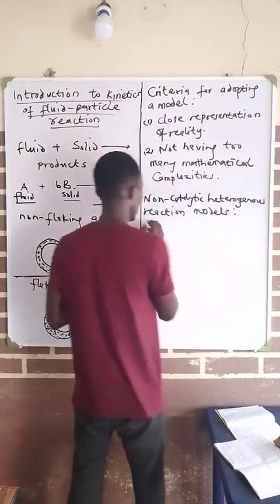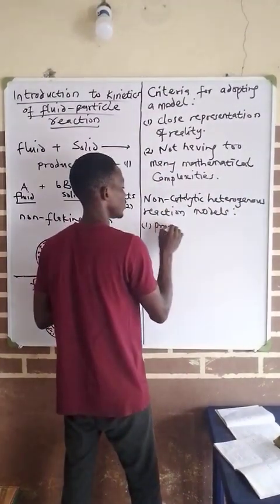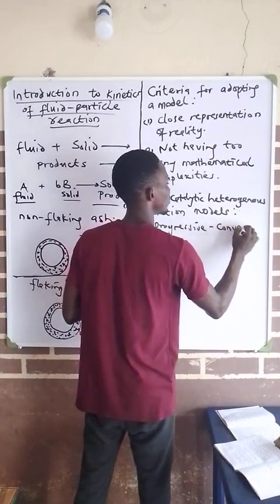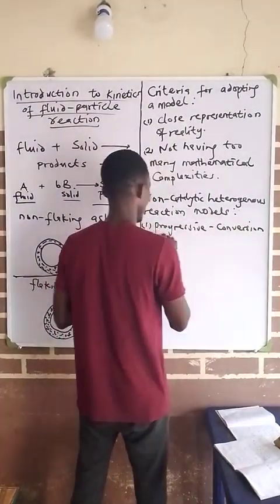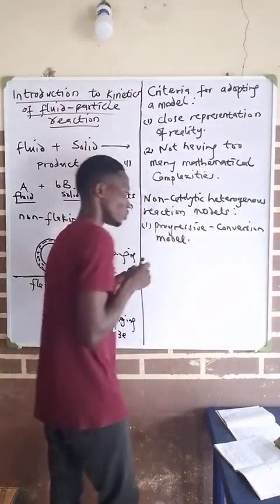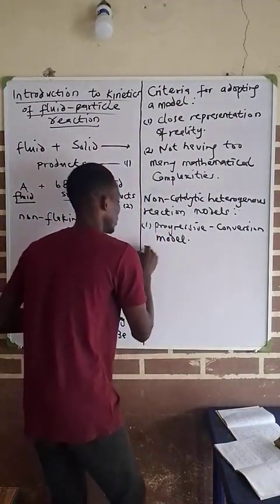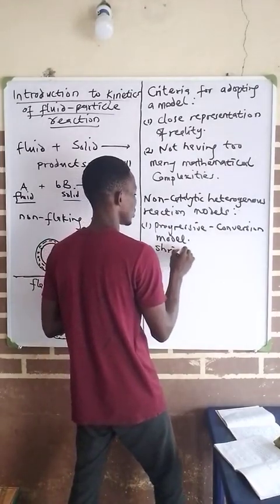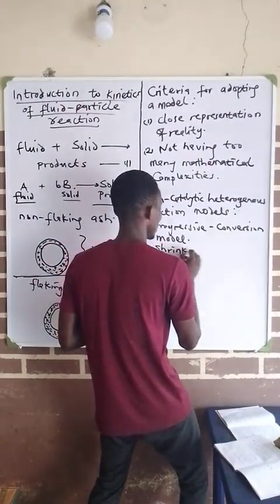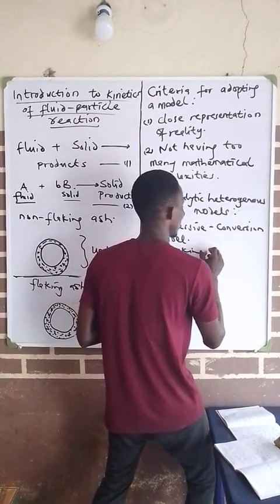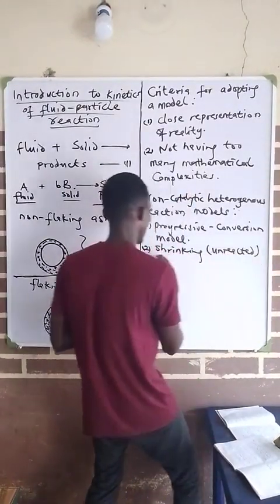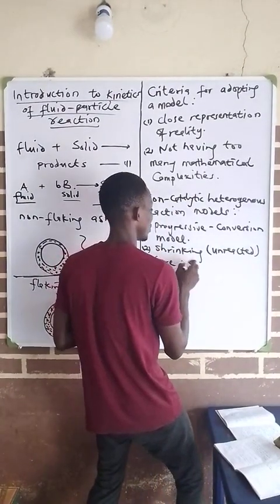Number one is the progressive conversion model. Number two is the shrinking unreacted core model.